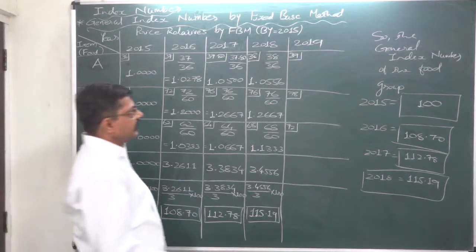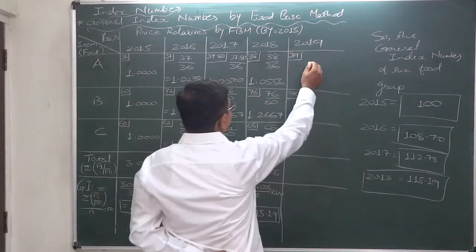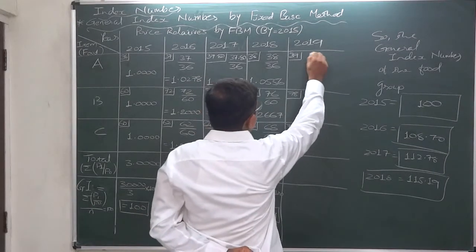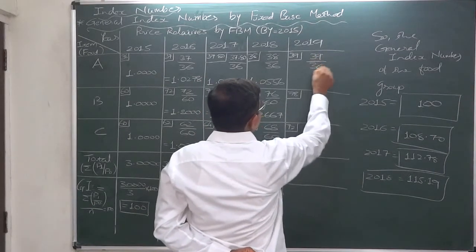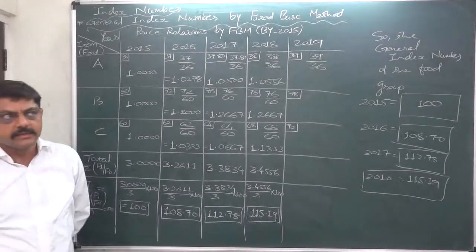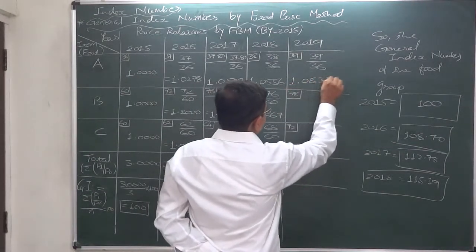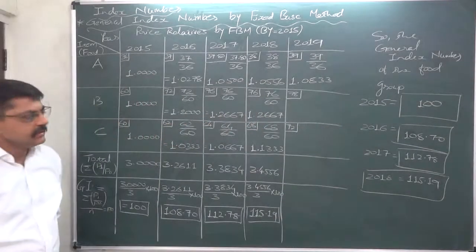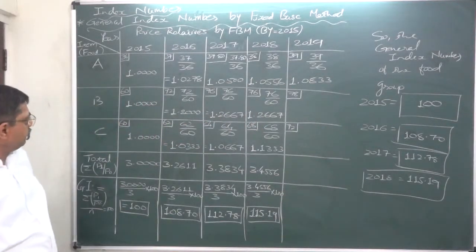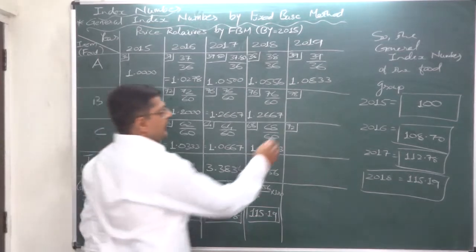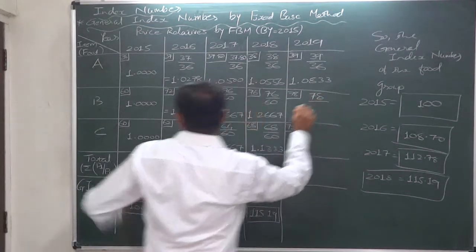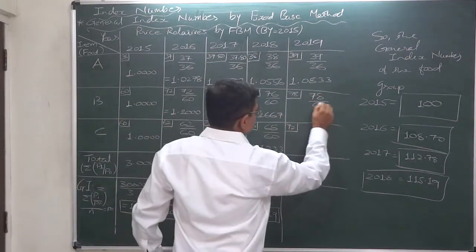And the last current year is 2019, and price relative for A will be 39 divided by 36. 39 divided by 36, 1.0833. For B it will be 78 divided by 60, price in base year.